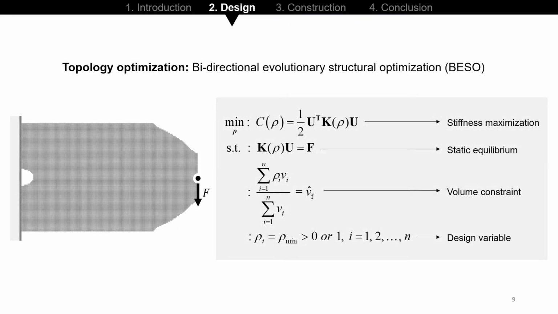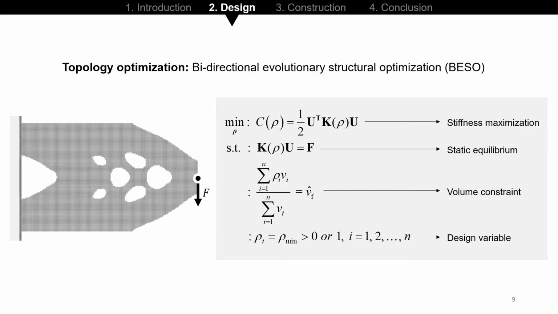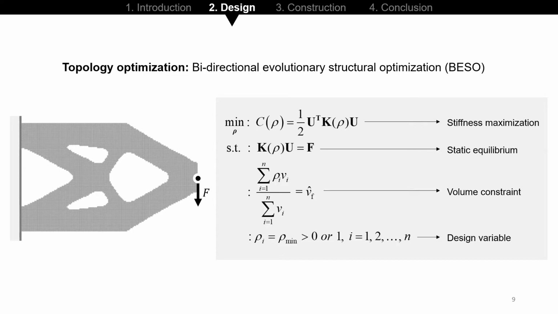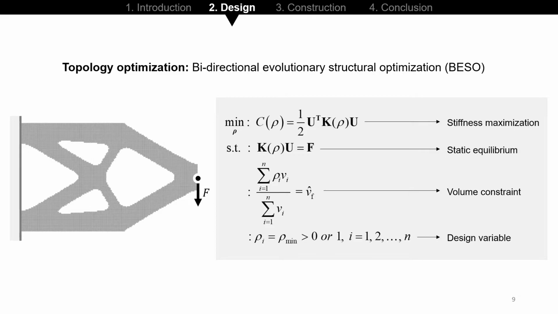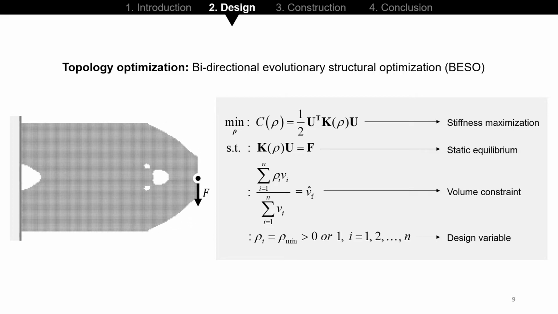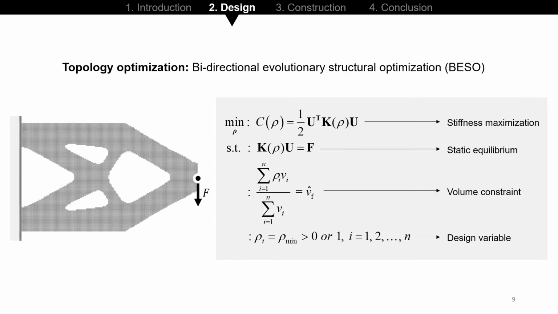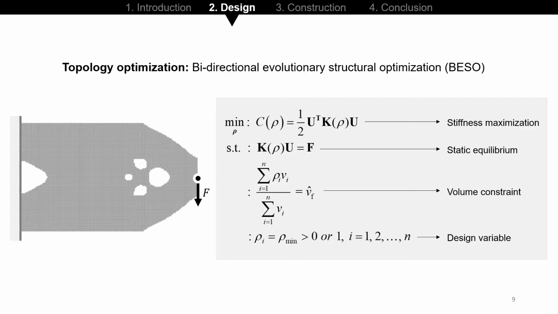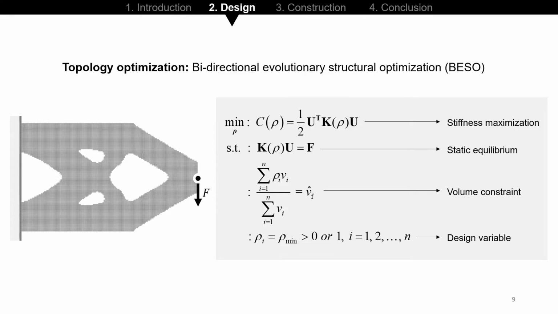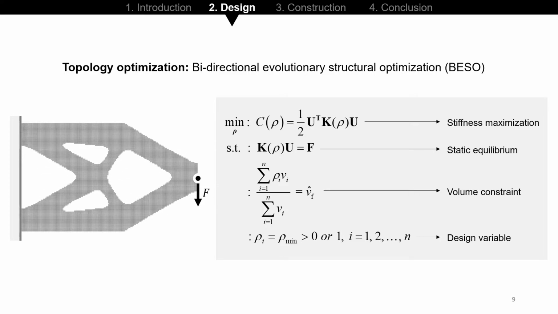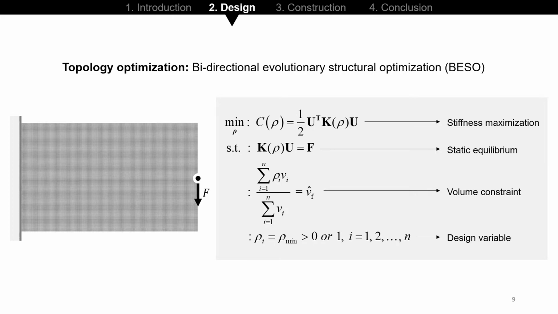We use the BESO method to optimize the rib layout. The basic idea of this method is to gradually remove material from inefficient regions and add material to where it is needed, iteratively, until a prescribed volume is satisfied. The objective function is compliance minimization, equivalent to stiffness maximization, as shown in the first equation.